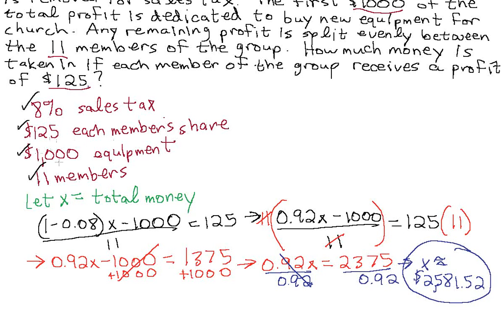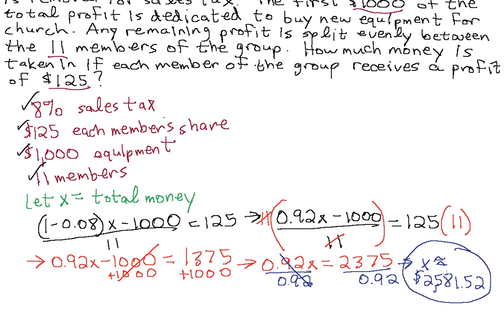Well, that makes sense, because if we subtract $1,000 for the equipment, we're left with roughly $1,581. Subtract 8% for sales tax, so we have a little over $1,000, which means if you split that money 11 ways, it'd be around $125. So it actually makes sense. It's not a negative number or anything like that.